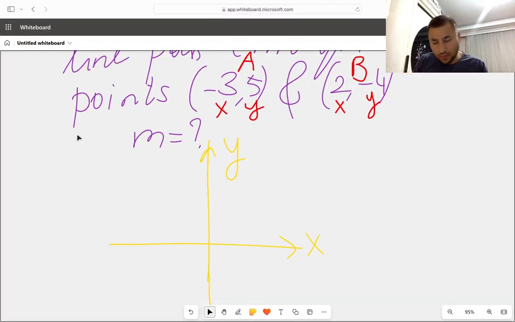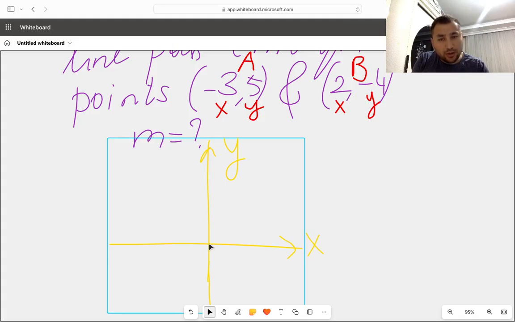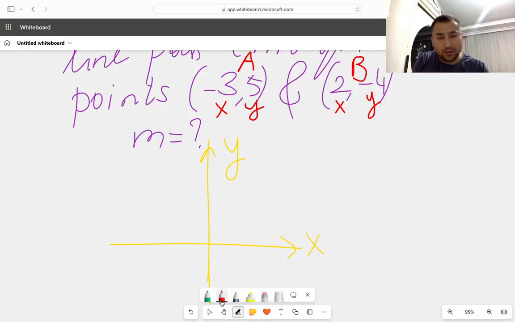Okay. So -3 for x. Do you remember that this point was 0? So you need to go to the left on the x-axis. This horizontal axis is x, so you go to the left. It should be around here. So this is 0, -1, -2, and -3.